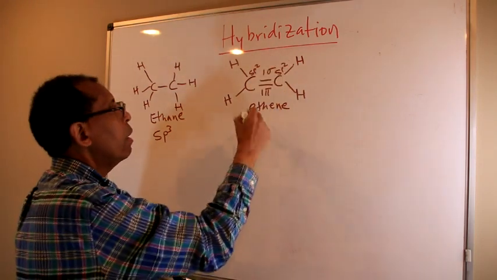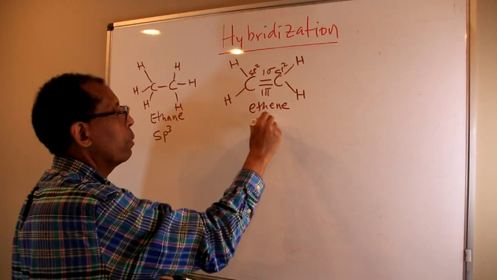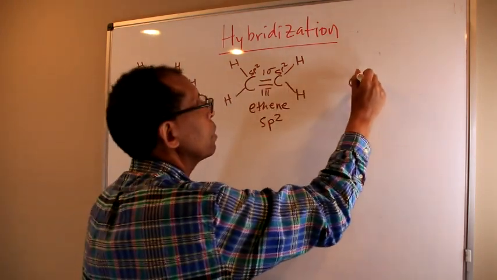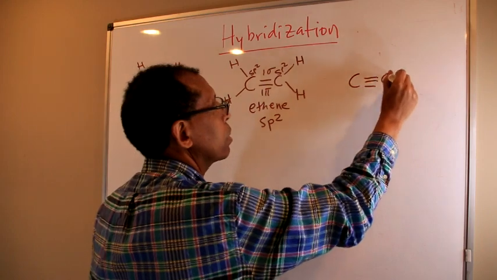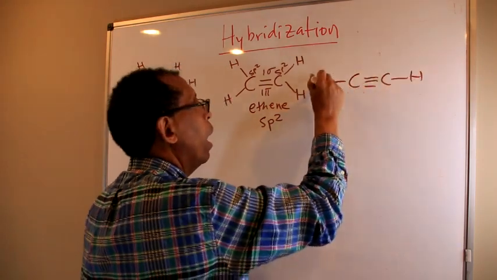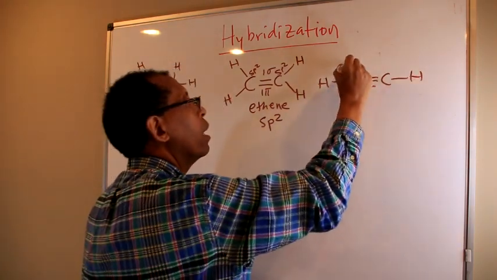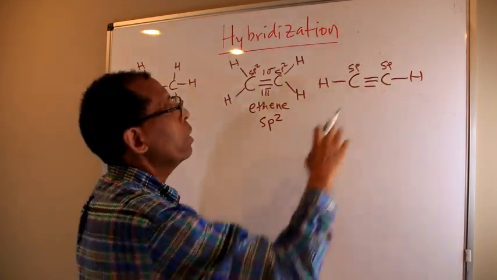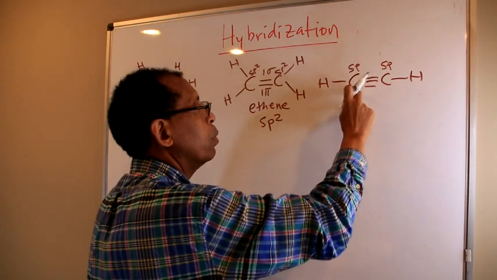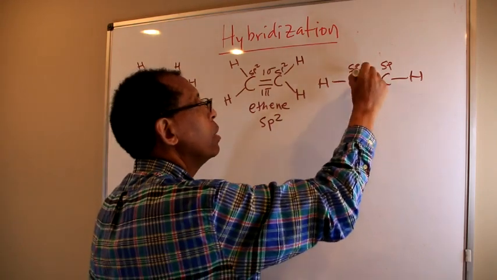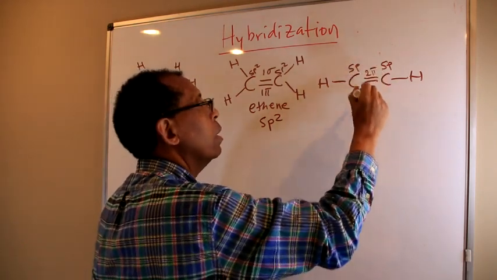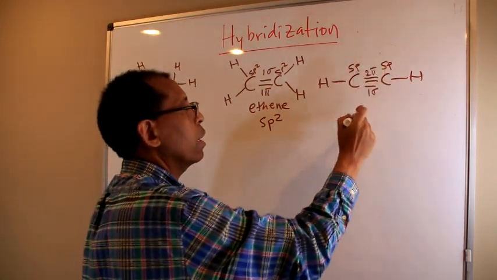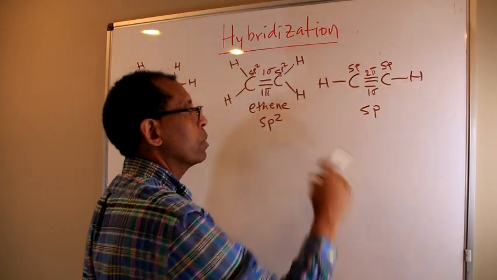So this is an example of sp2 hybridization. And if you further see the compound we already just discussed, it has sp hybridization, and between the carbon-carbon bond there are 2 pi bonds and 1 sigma bond. The hybridization is sp between the 2 carbons.